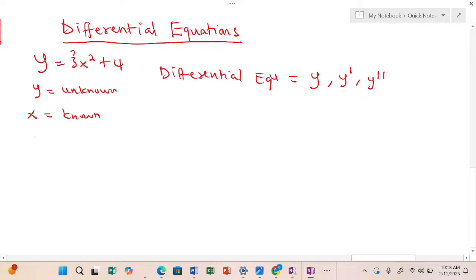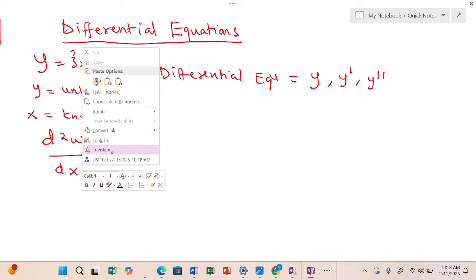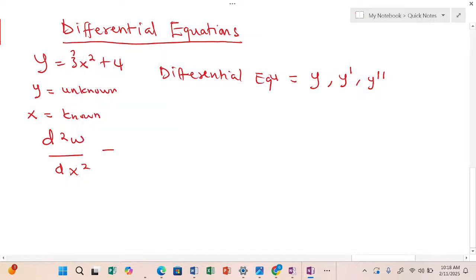An example of a differential equation is d squared w over dx squared minus x dw/dx plus w is equal to 0.